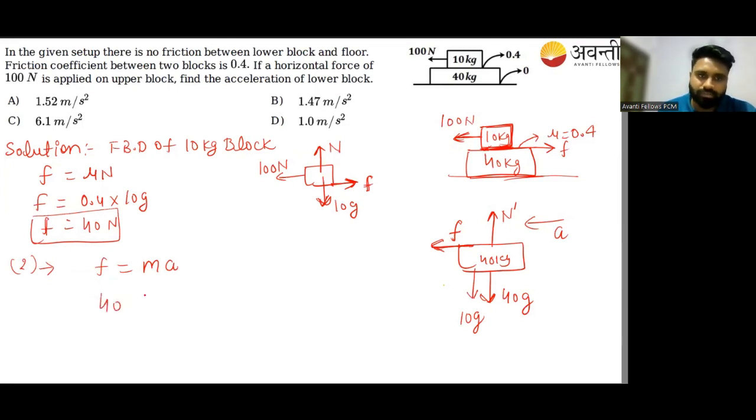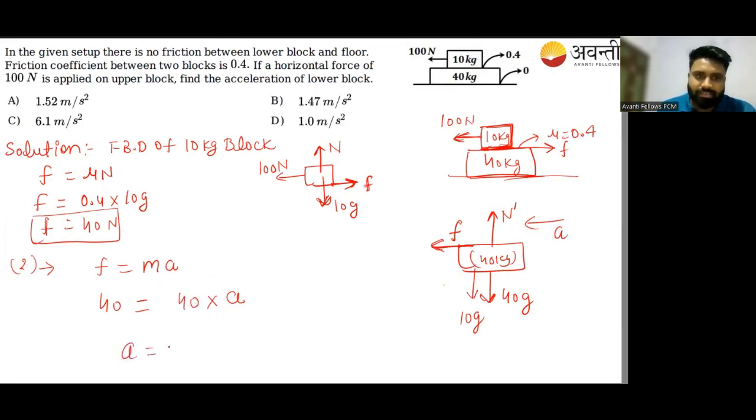It is 40 Newton. The mass is taken as 40 kg, so 40 times a, the acceleration. Only the mass is there, so 40 will come. 40 is the mass of the block.